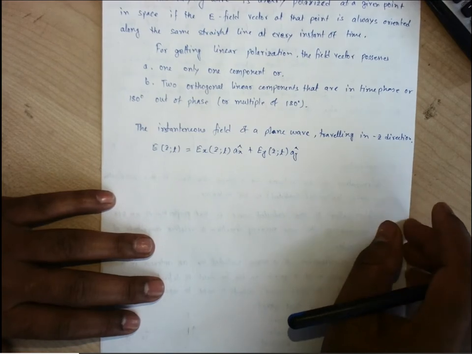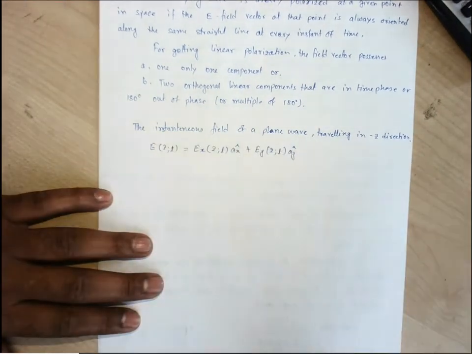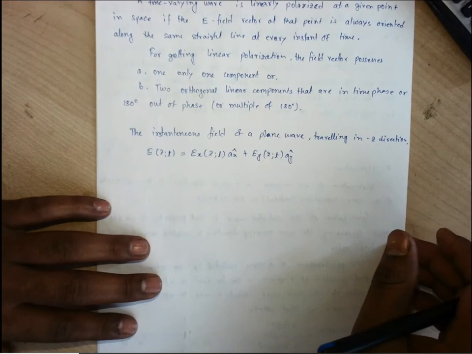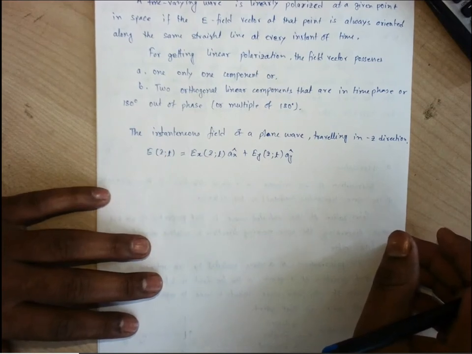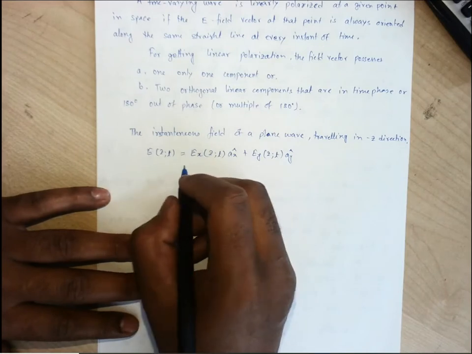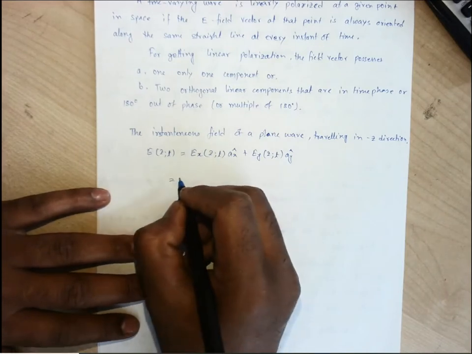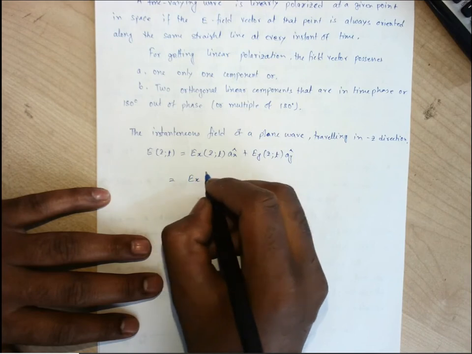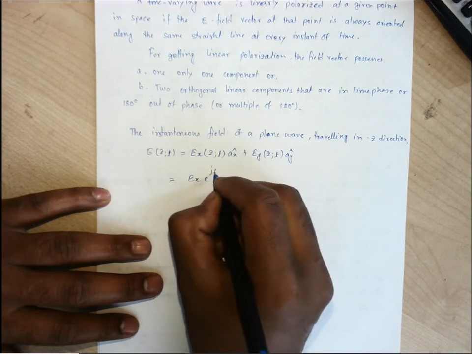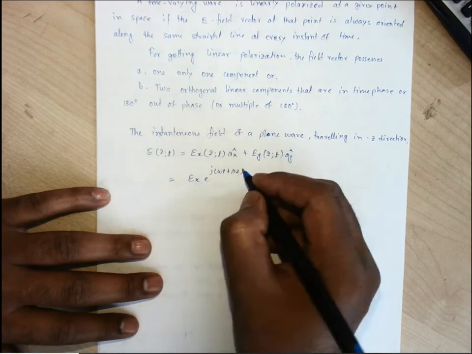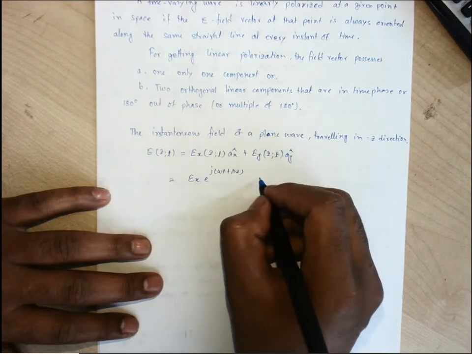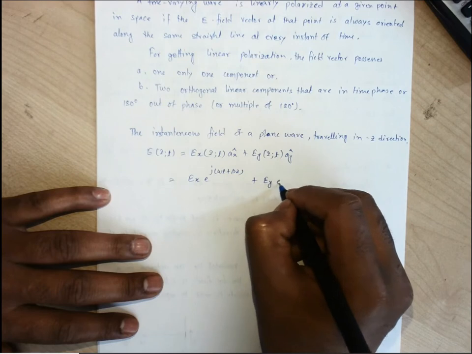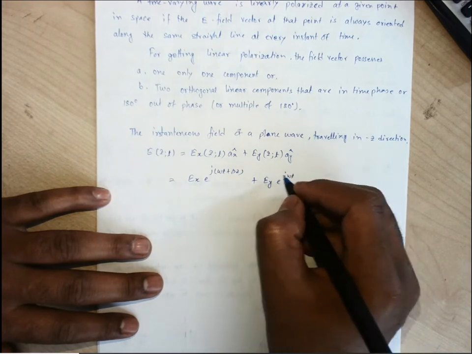We can take the time variation in the form of e to the power j omega t, and if the wave is propagating in a lossless medium, then e to the power alpha z is 0, plus beta z.